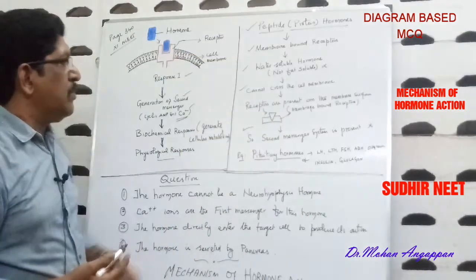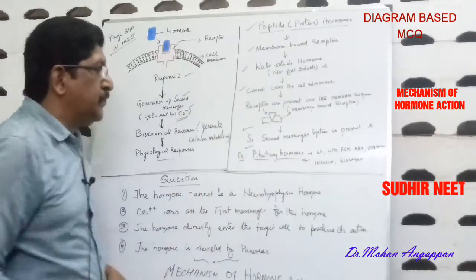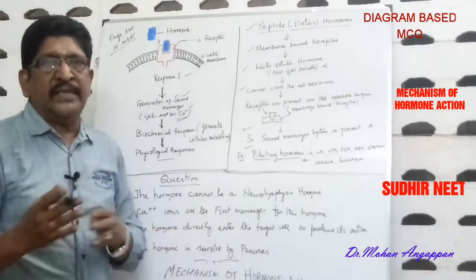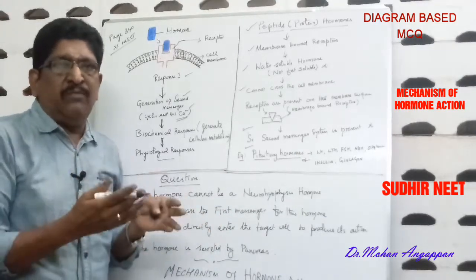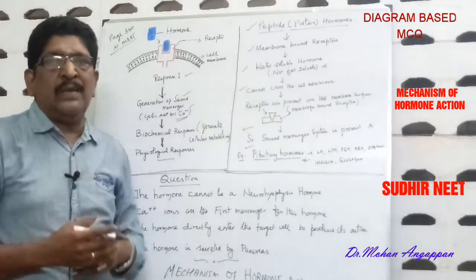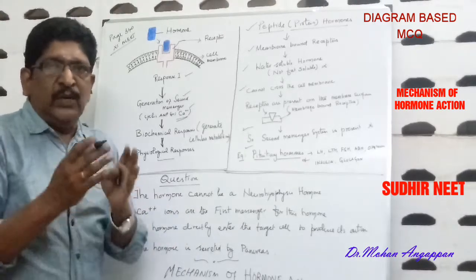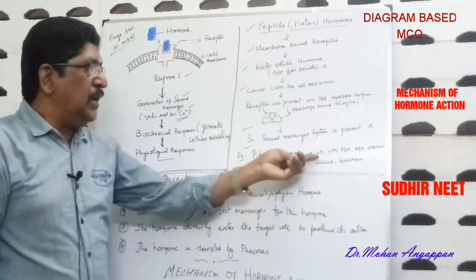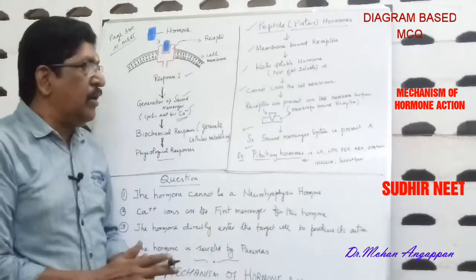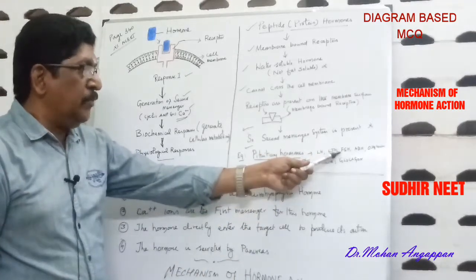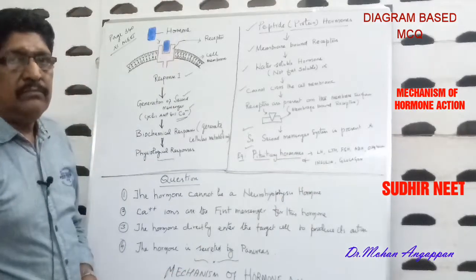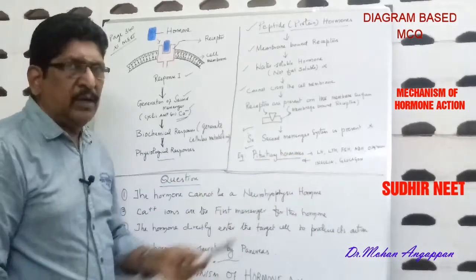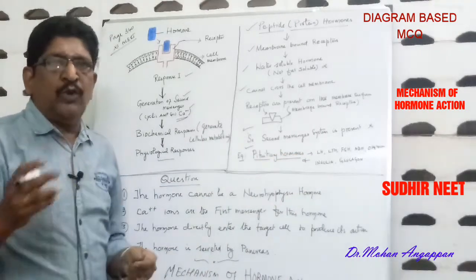Examples for these peptide hormones are the pituitary hormones. Pituitary is the gland. It has two parts, adenohypophysis and neurohypophysis.